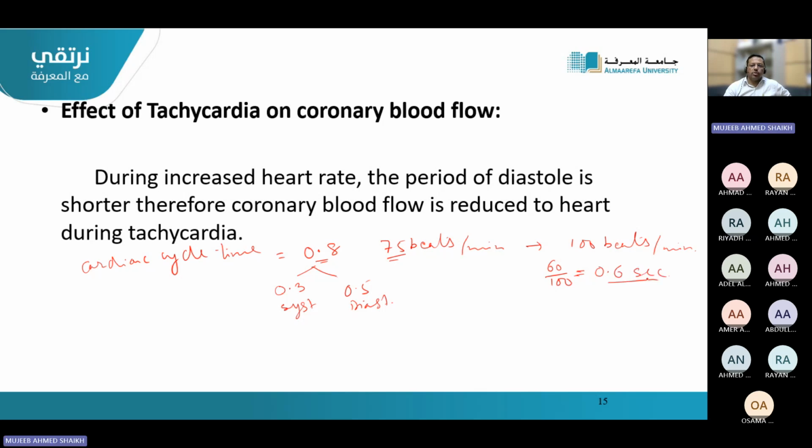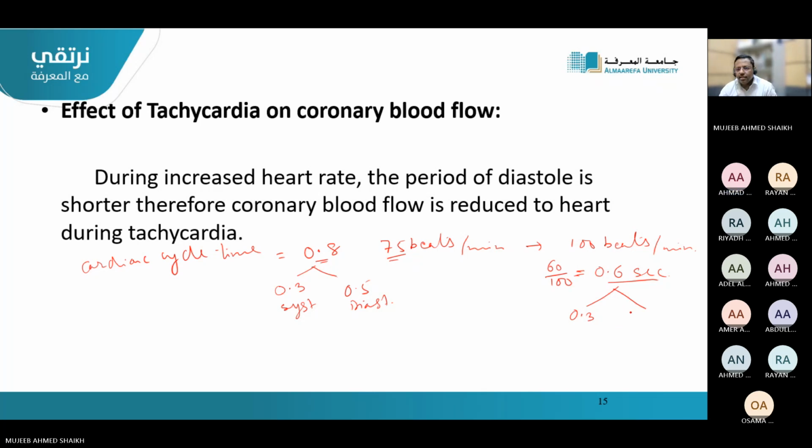Out of 0.6 seconds, how much is the systole and diastole now? Systole time will remain 0.3. Diastole time will be how much?